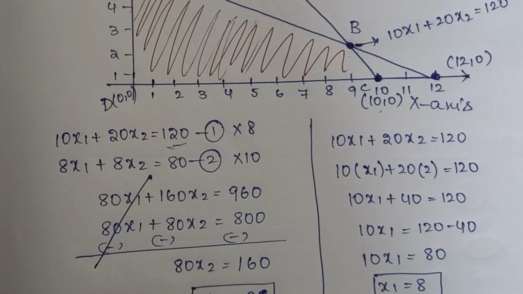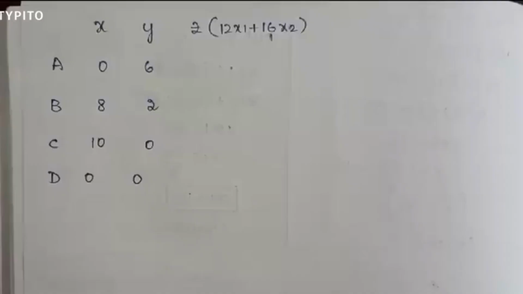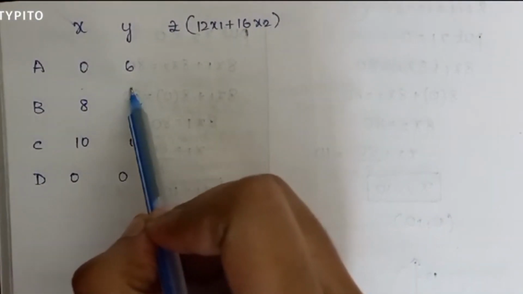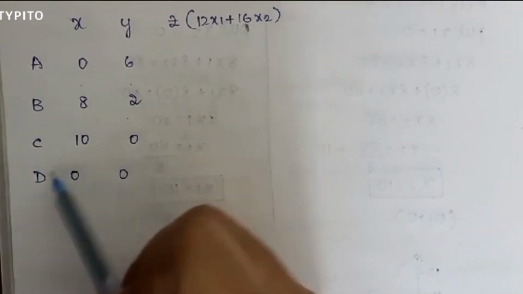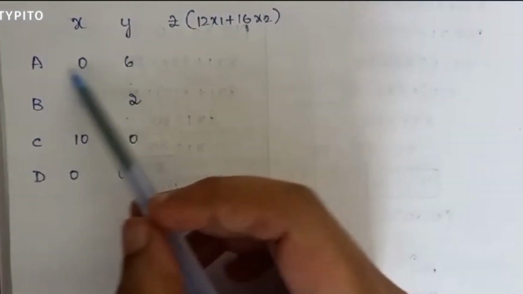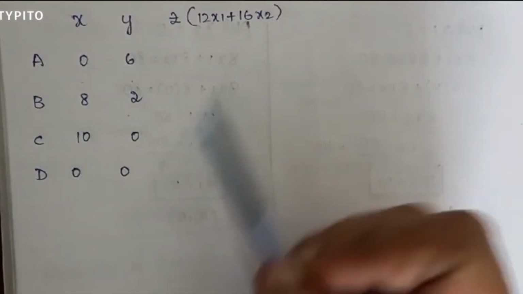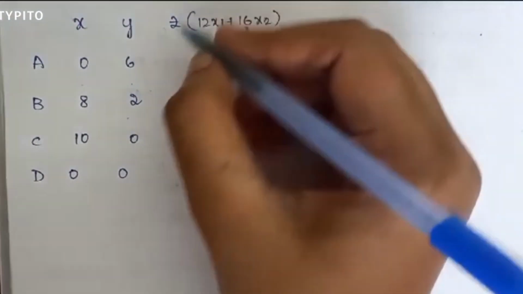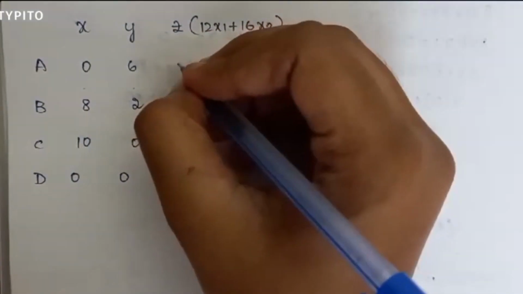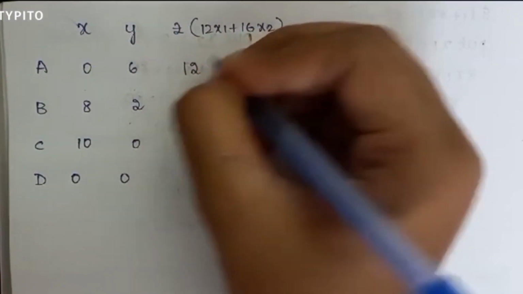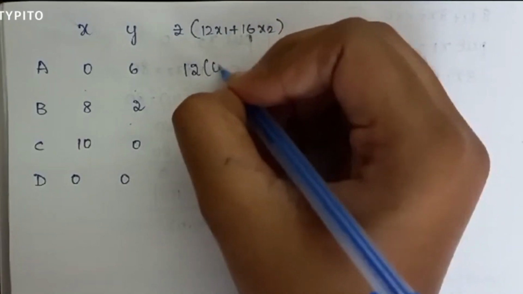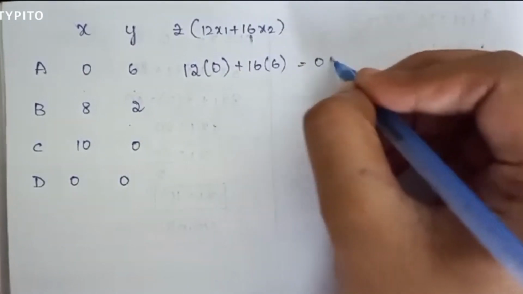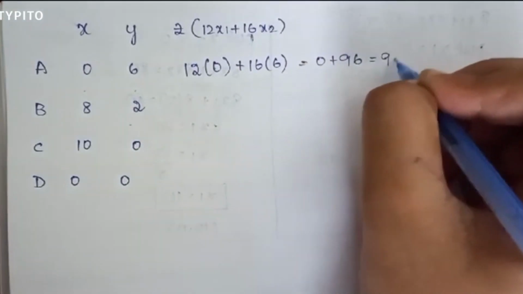Now let's find out the maximum of all the points. So now let us take all the points. మనకి A point ఏంటి 0,6, B 8,2, C 10,0 and D 0,0. సో A point, B point, C point, D పాయింట్ని మనం ఆబ్జెక్టివ్ ఫంక్షన్లో సబ్స్టిట్యూట్ చేస్తే వచ్చిన వాల్యూ ఏంటో చూద్దాం. సో సబ్స్టిట్యూటింగ్ A point, then what will we be getting? 12 into 0 plus 16 into 6, that is 0 plus 96.